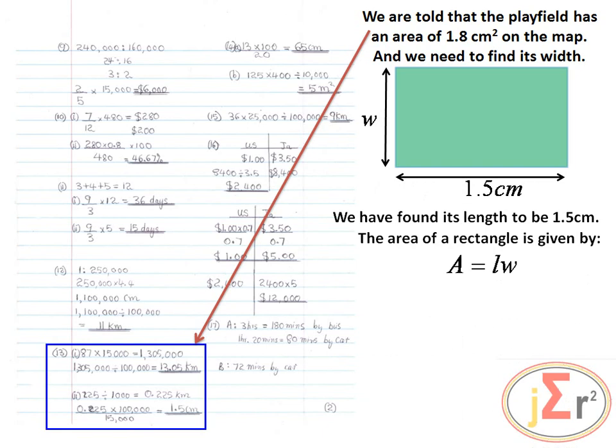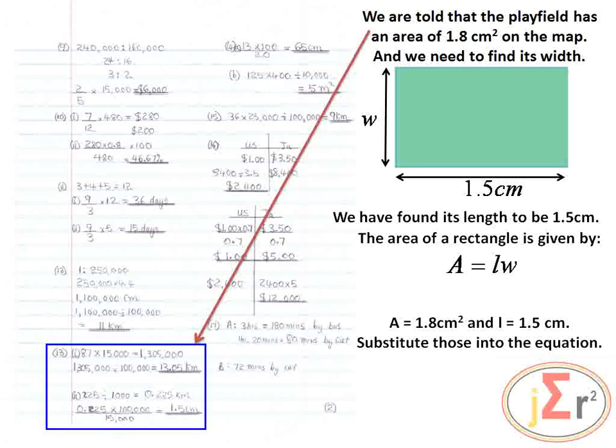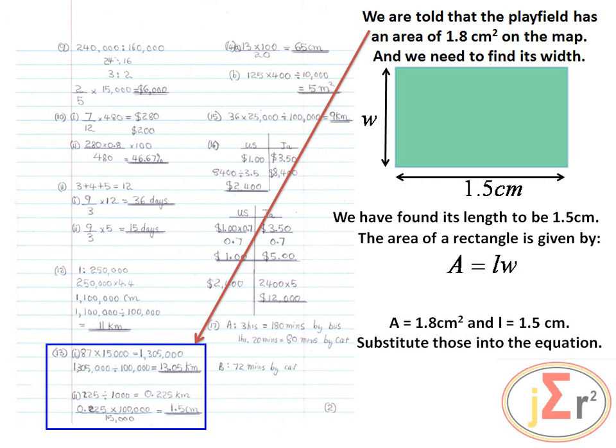We have the length and we have the area. So area is 1.8 centimeters squared, and the length is 1.5 centimeters. So substitute those into the equation. So for area we have 1.8, for length we have 1.5.